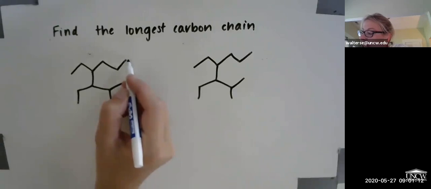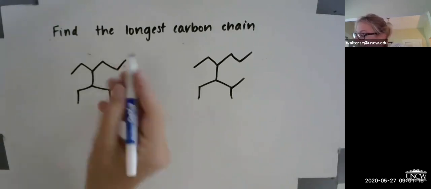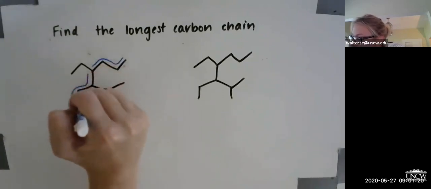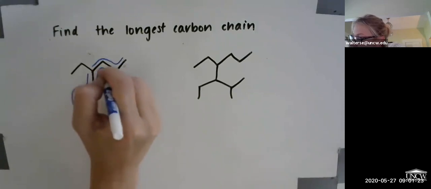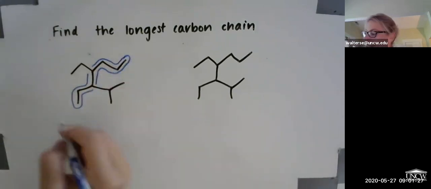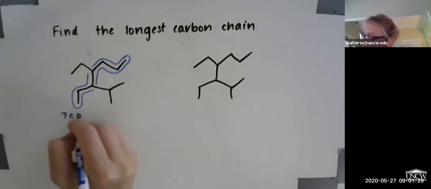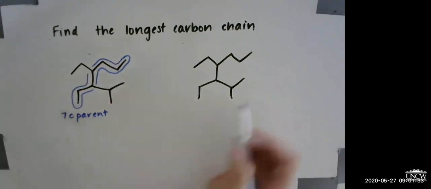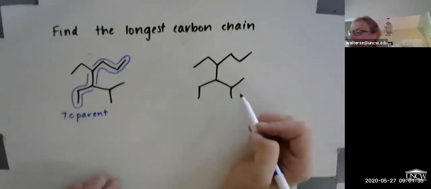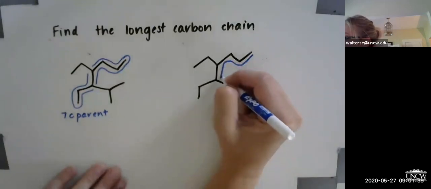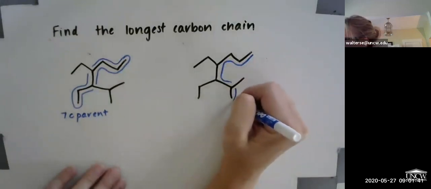And it is this one. This is one option to get a 7 carbon parent. Now on this side, you can find a 7 carbon parent by coming down like this and then over.